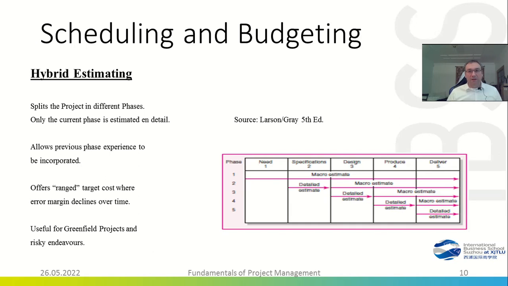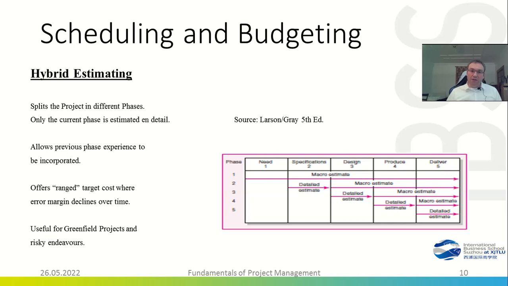A final thing I want to introduce is the so-called hybrid estimation. Especially in greenfield projects and where you are working in high-risk environments, what you do is you split the project into different phases.